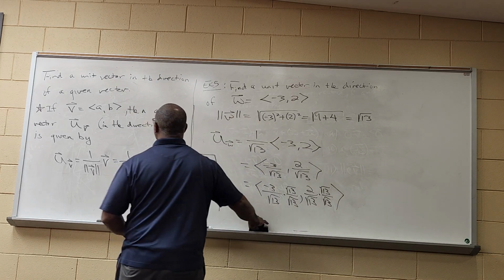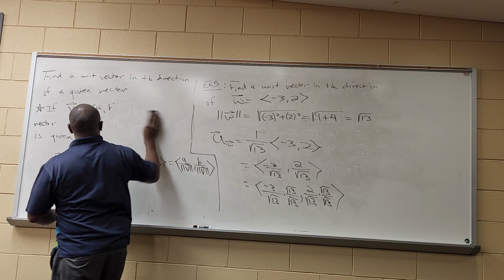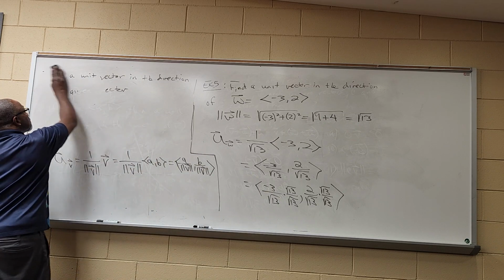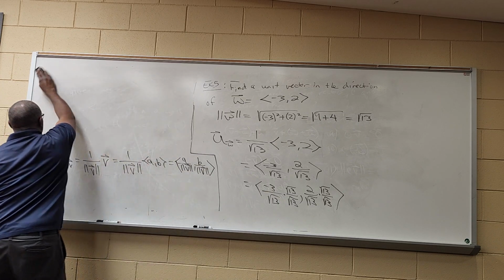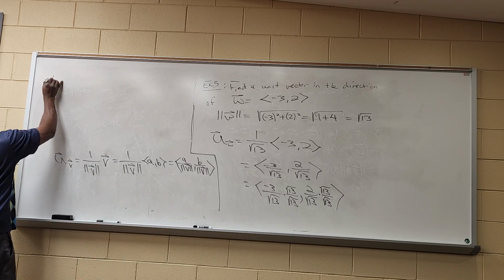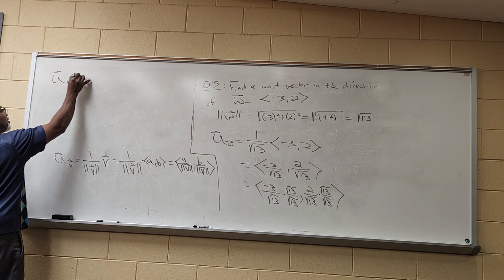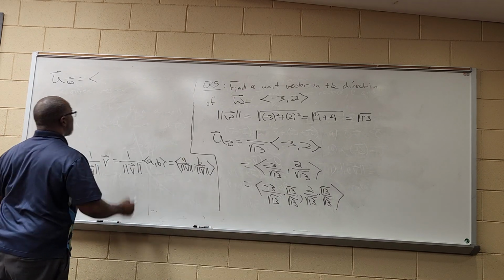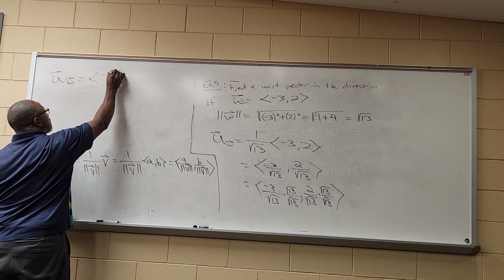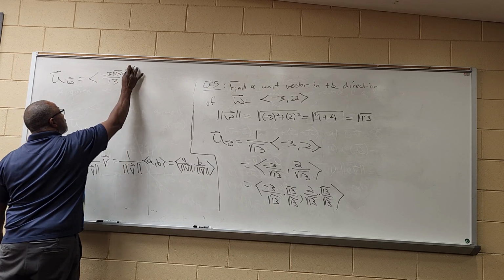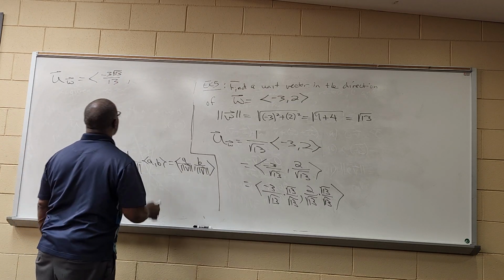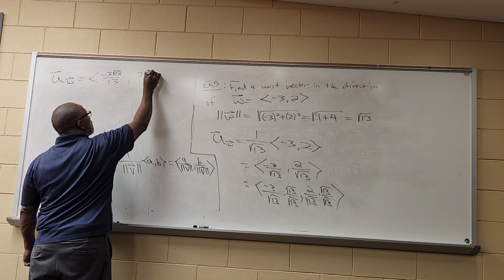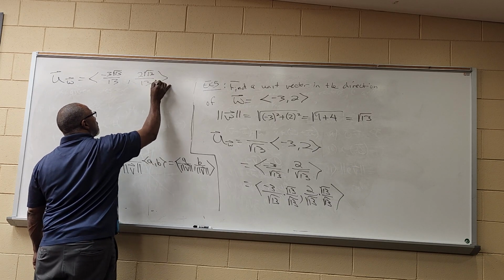Your final answer for a unit vector in the direction of w is negative 3 square root of 13 over 13, comma, 2 square root of 13 over 13.